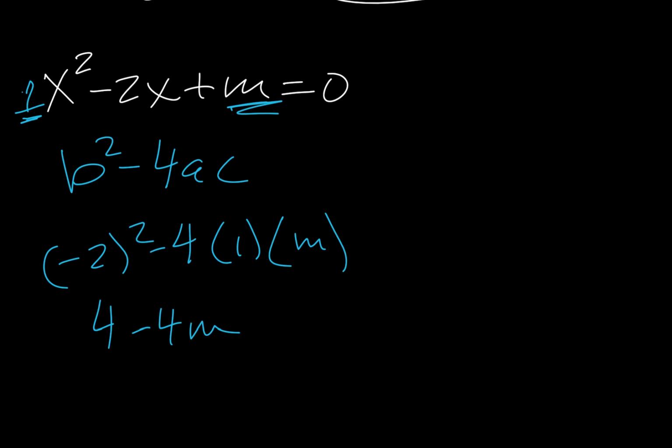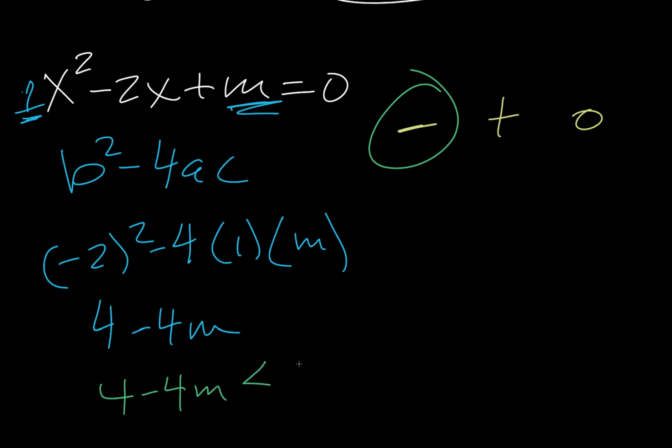Alright, so we're going to look at all three cases. So remember the three cases are negative, positive, 0. So we are going to set it equal to all three of those cases. So first let's start with the negative case. We are going to say 4 minus 4m is less than 0, because that would be a negative number. Our goal is to solve for m.